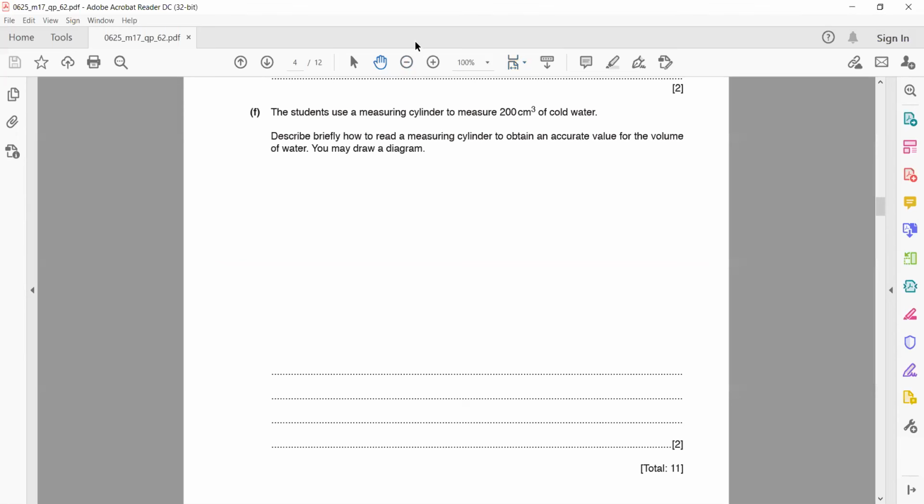So if we have a measuring cylinder filled with 200 cm cube of water, we always read the lower meniscus. For a measuring cylinder, one side has a scale or marking, so we should look perpendicular to the marking to avoid a parallax error.